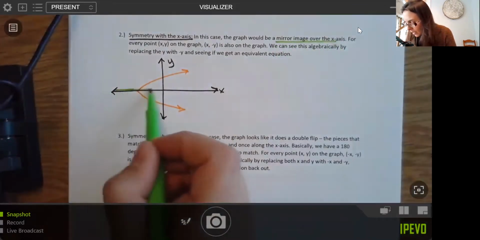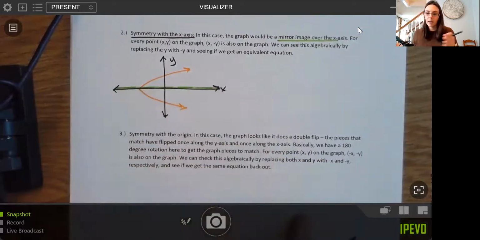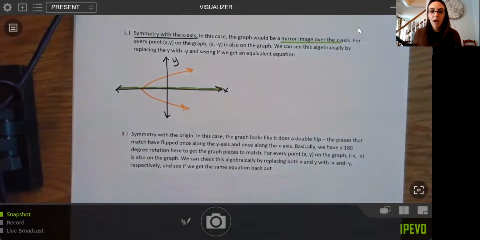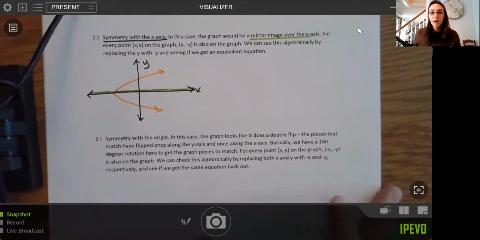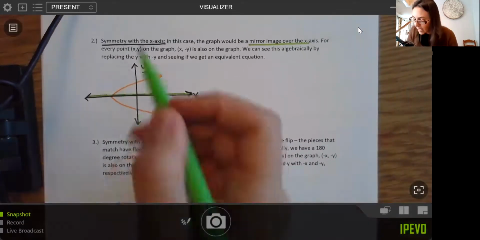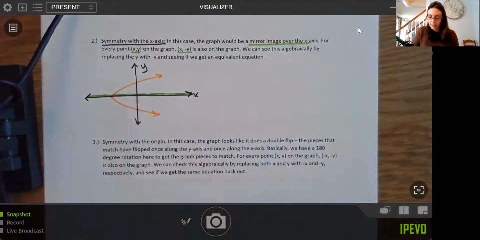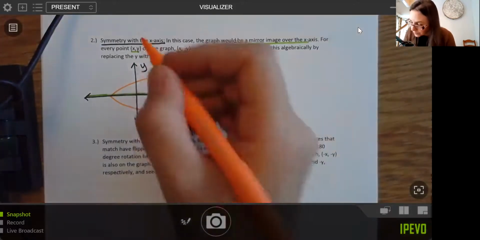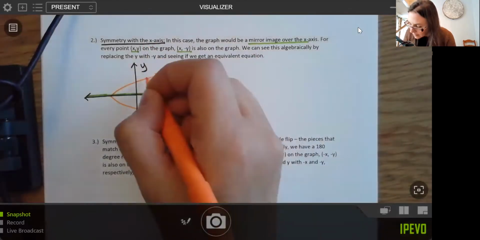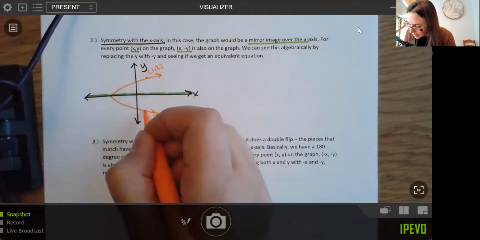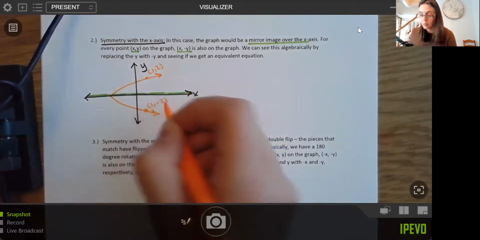So if I were to fold my paper right along that x-axis there in half, so fold it this way, those two sides are going to match up. What you see on a graph is that for every point (x, y), the point (x, -y) is on the graph. And again, I'm just going to make up some numbers here. Let's say this is the point (1, 2), then this point down here would be (1, -2).